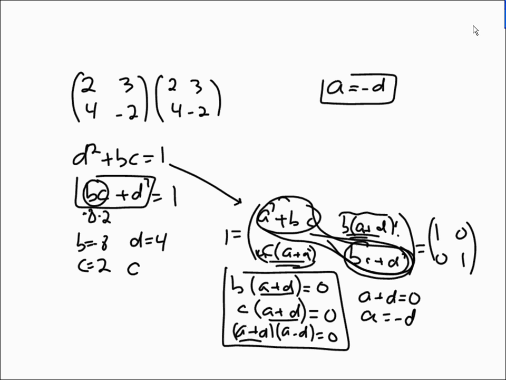And A must be a sign change from that. So there it is. A is negative 4, B is negative 8, C is 2, and D is 4.